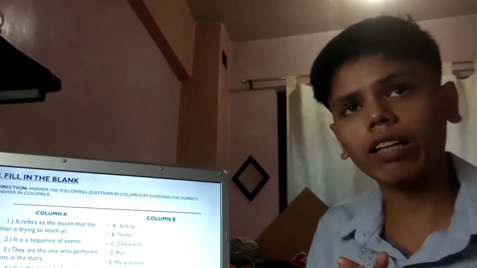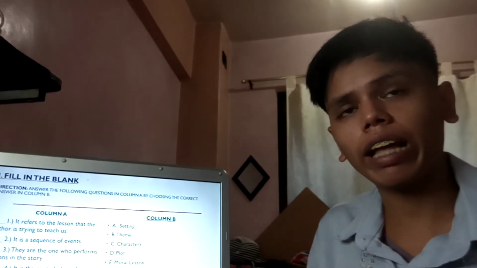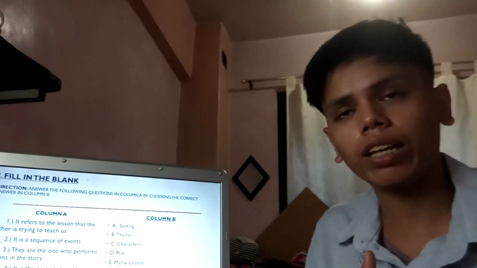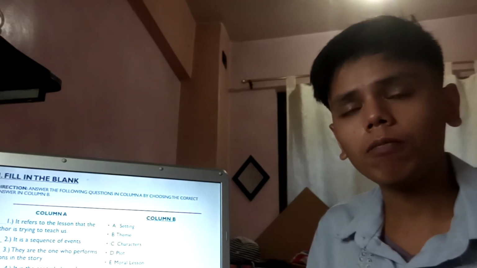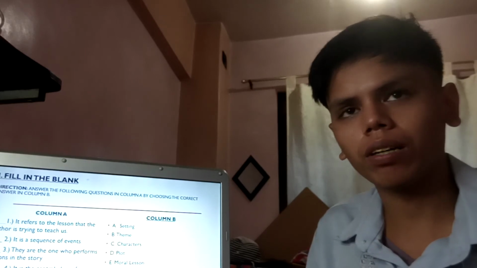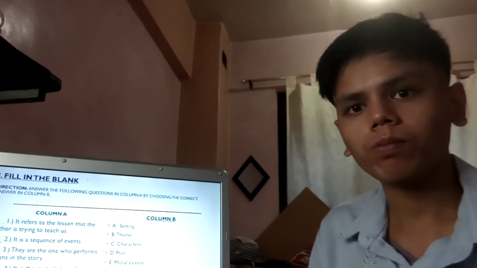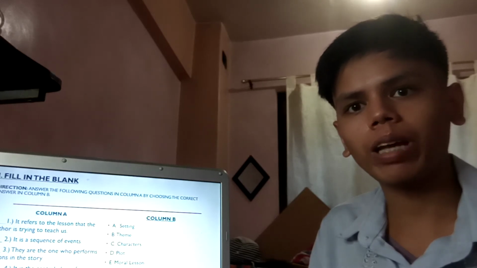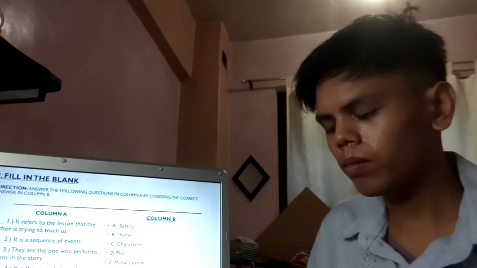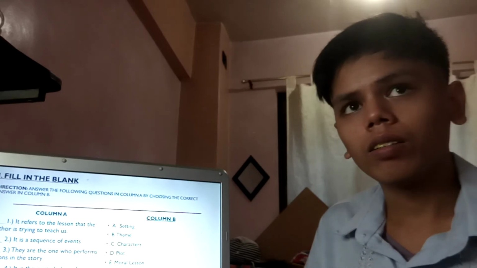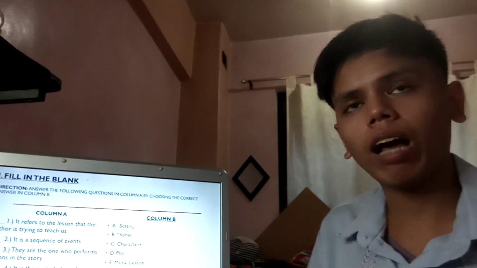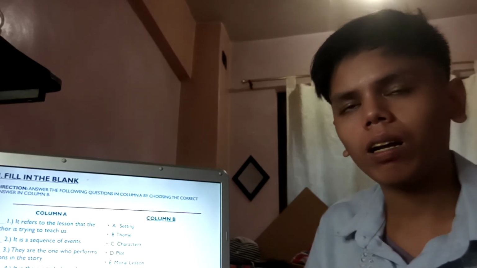Once you are done answering, raise your hand so we can proceed to the second part of your quiz. Okay, is it clear, class? Okay, very good. So you can now start answering your quiz.